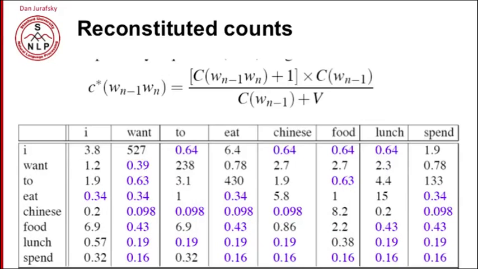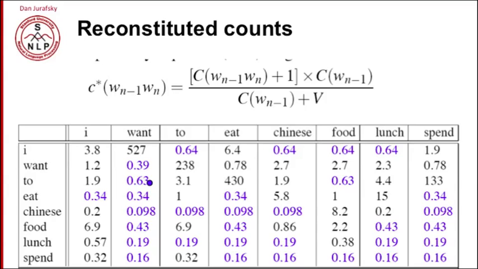Now we can also take those probabilities and reconstitute the counts, the number of times that we would have to see things to get those add-one probabilities naturally. So we take our probabilities and re-estimate the original counts as if they were the numbers that would have given us these probabilities.